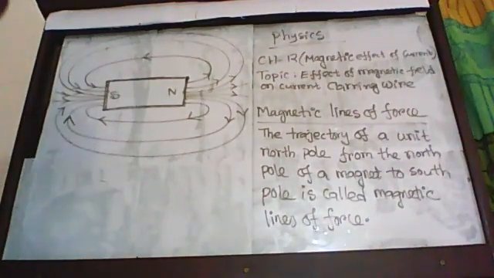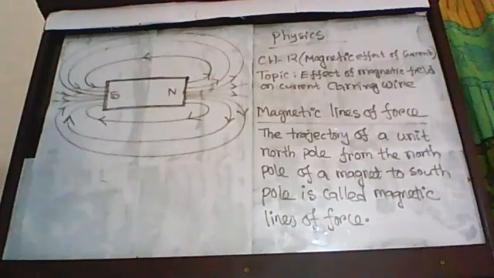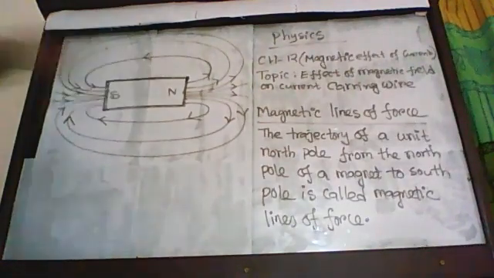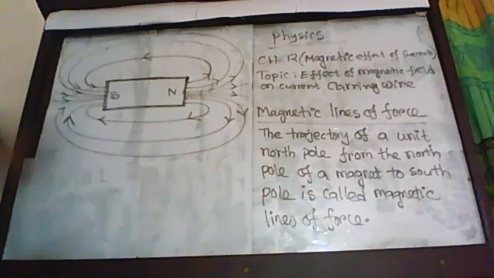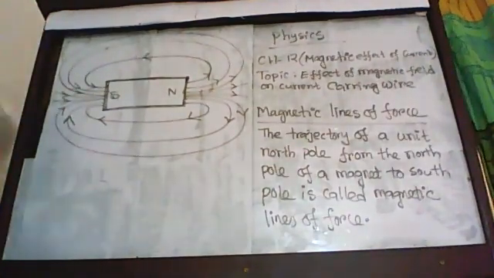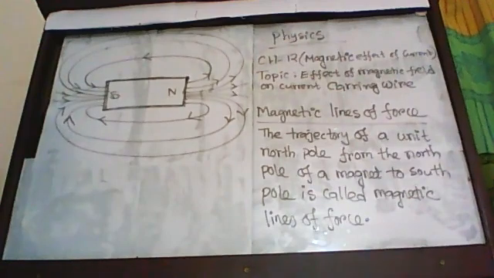So magnetic lines of force is an imaginary line, a trajectory or pathway of a unit north pole around the magnet. The area around the magnet that is covered by these lines of force always indicates the magnetic field.